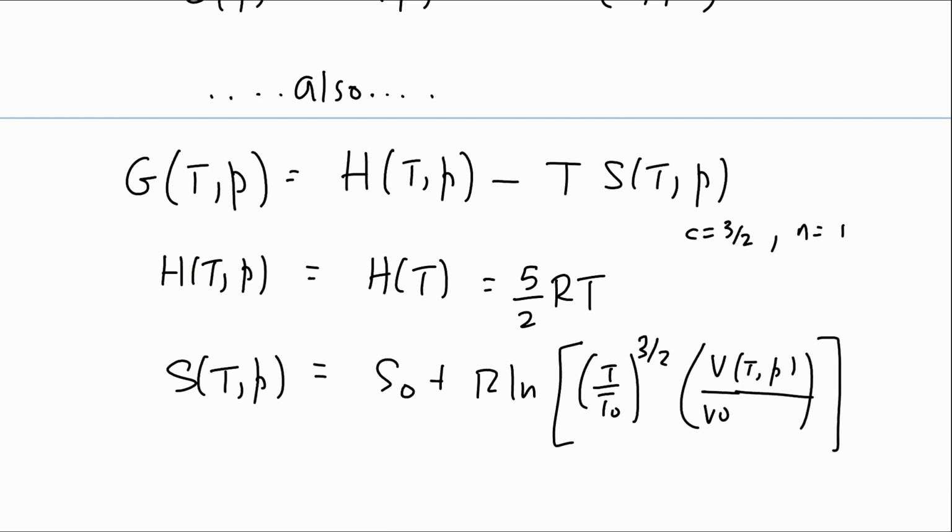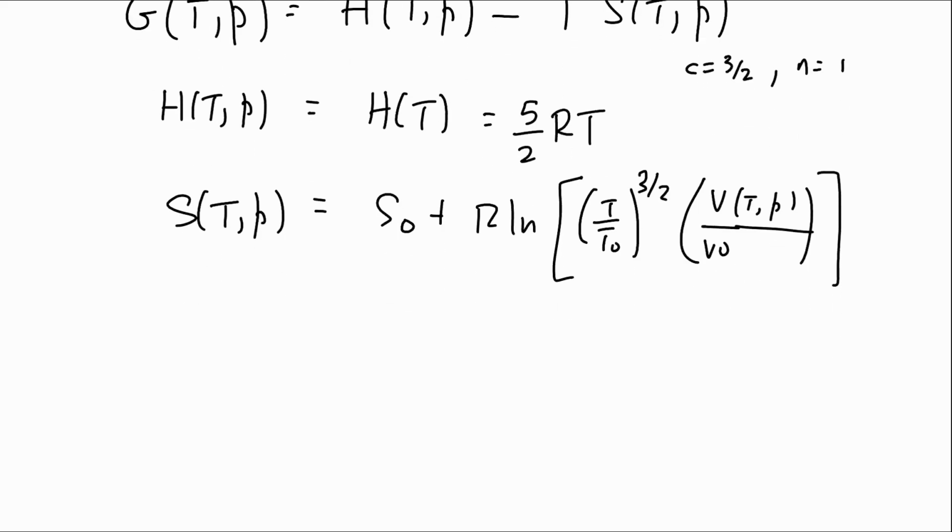Because I have a formula for S as a function of T and V that I worked out previously, and it's on the back of the exam, but there's a little bit of added value that one has to put in there, because I know for the ideal gas, V over V naught is RT over P times P naught over RT naught.